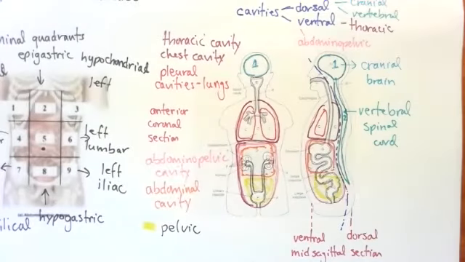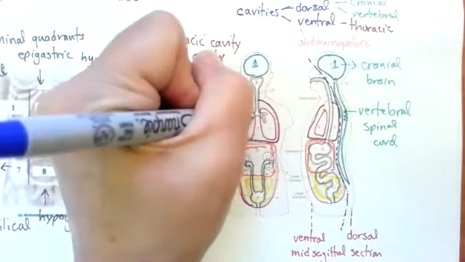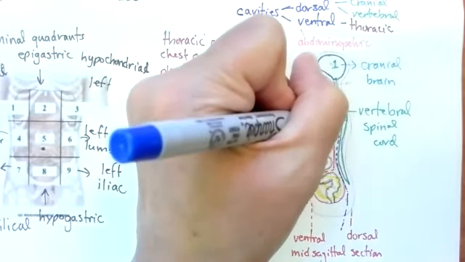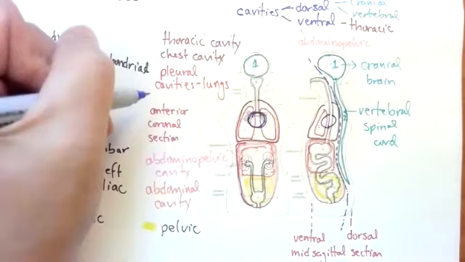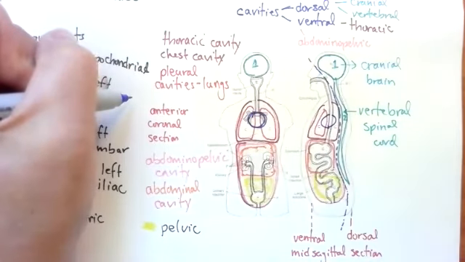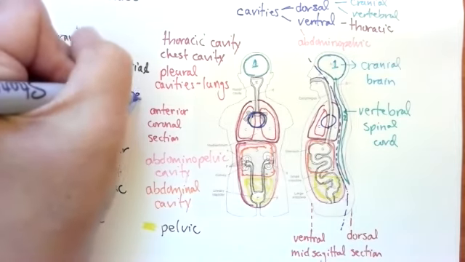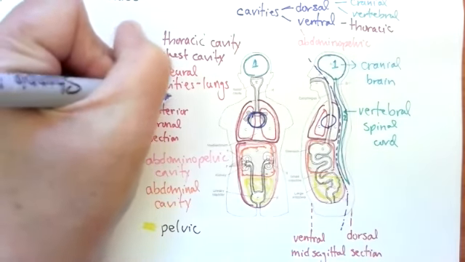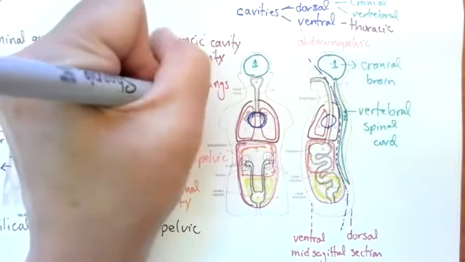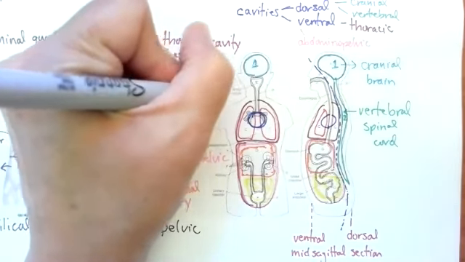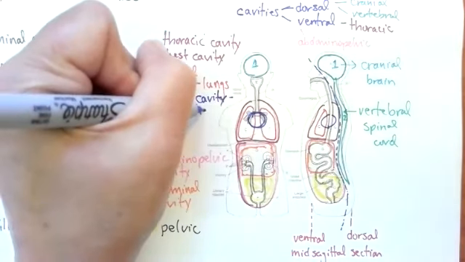And it's not shown very well. Let's see, I'll grab dark blue, it's going to show up. But here in the center, in blue, I have the pericardial cavity, which houses the heart.